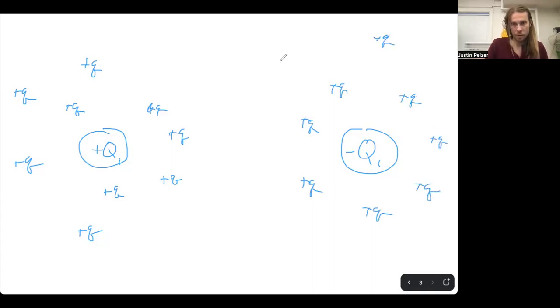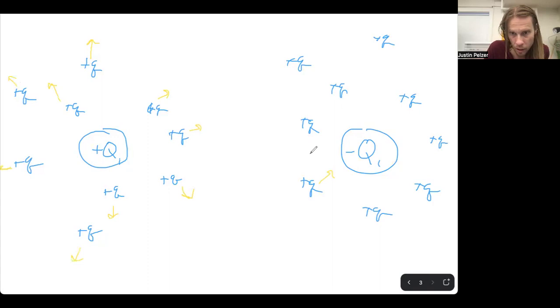Do one out here, do one out here. Great. What we see is that the force points away from the positive, but the force points toward the negative.